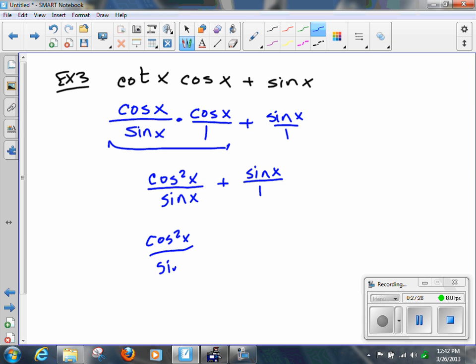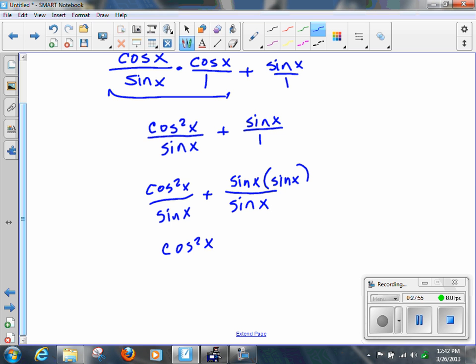What did I multiply to the bottom? I multiplied sine x to the bottom, so what do I multiply to the top? Sine x. So I bring down my original times what I had to multiply, because look, what's sine over sine? 1. Now we've got to keep simplifying.